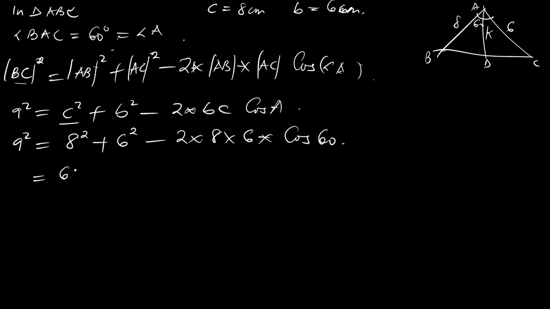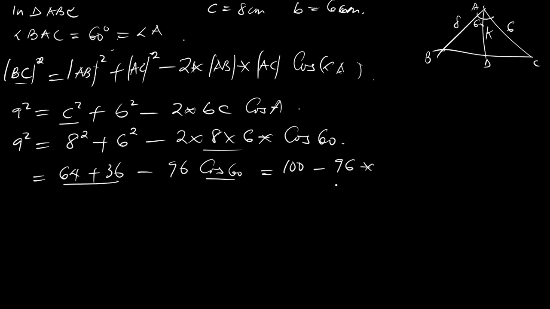So now we have 64 plus 36 minus, 2 times 48 will give you 96 cos 60. So this is 100 minus 96 times cos 60. Now you have here 1, here is 16, here is 2, here is root 3.